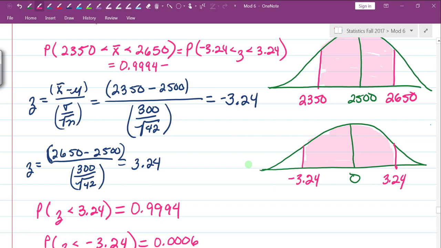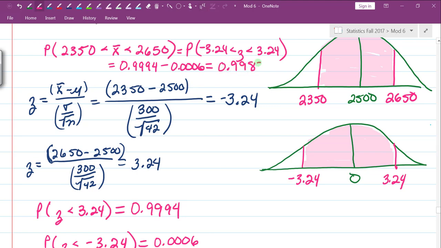So minus 0.0006, that difference is 0.9994 minus 0.0006, and that is equal to 0.9988, right there.